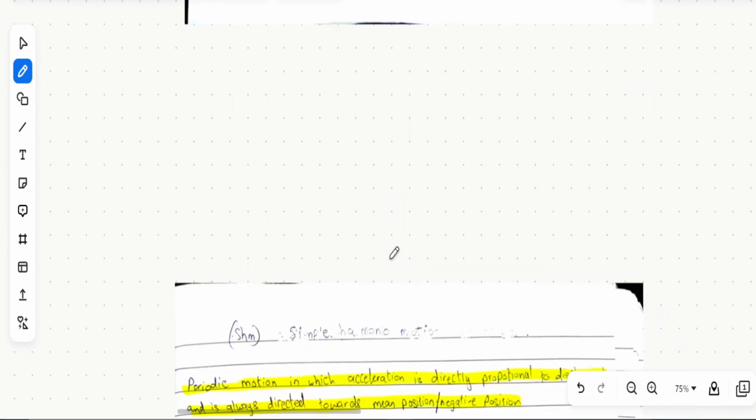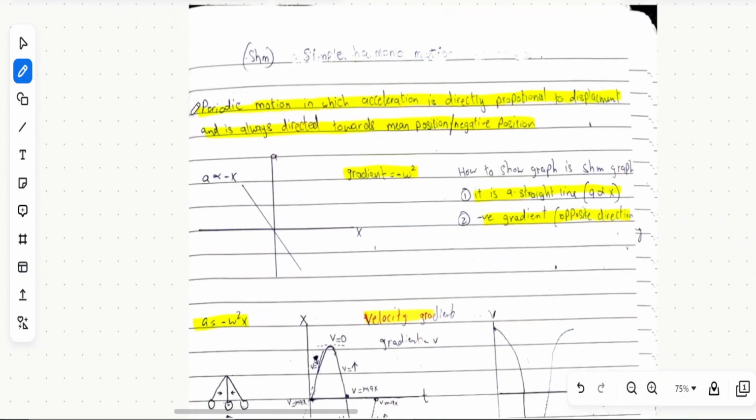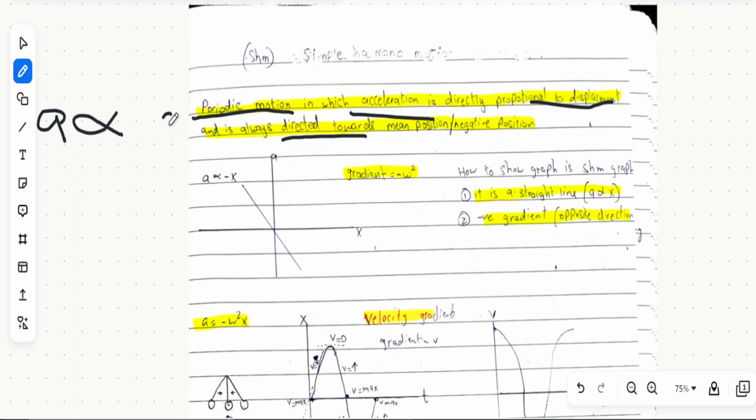Remember, simple harmonic motion is periodic motion in which acceleration is directly proportional to displacement and is always directed towards the mean position. So remember, acceleration is directly proportional to the displacement x, and this displacement is always negative.